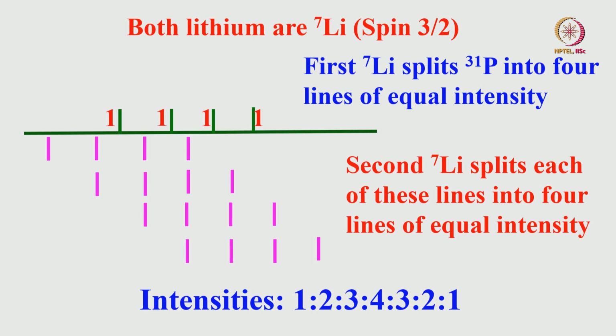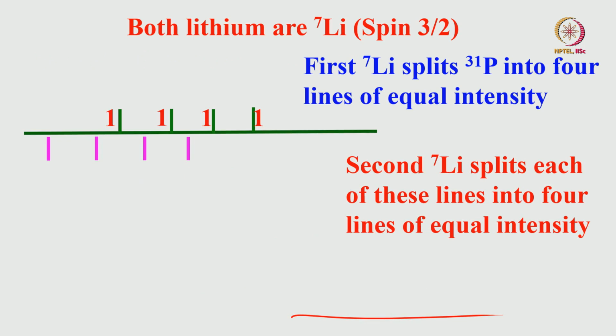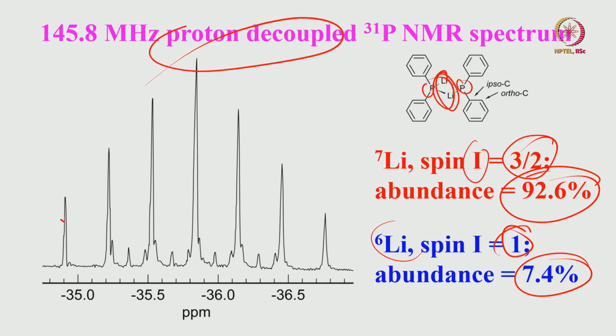When both the lithiums are lithium 7, which has spin 3/2, when coupled to phosphorus, you get a 7 line pattern of intensity 1, 2, 3, 4, 3, 2, 1. That is exactly what we got here. See here, 7 lines, 1, 2, 3, 4, 3, 2, 1.